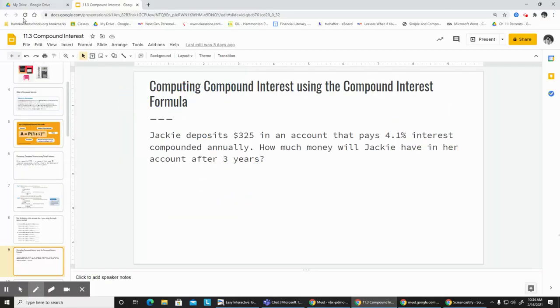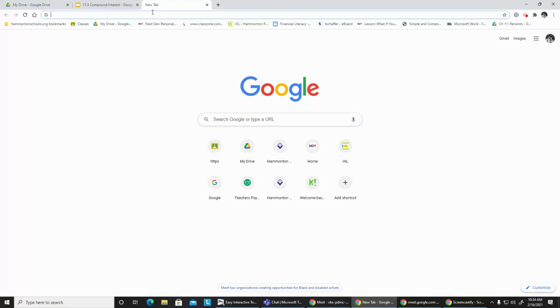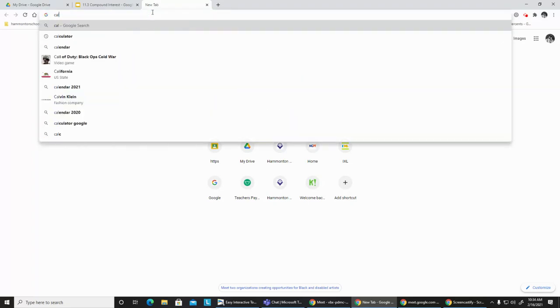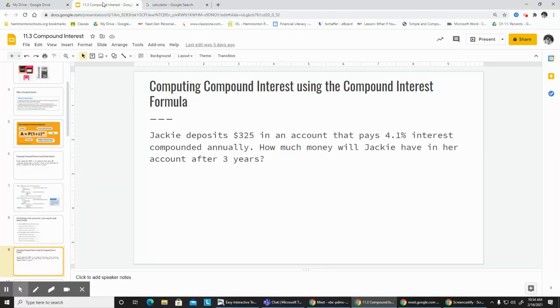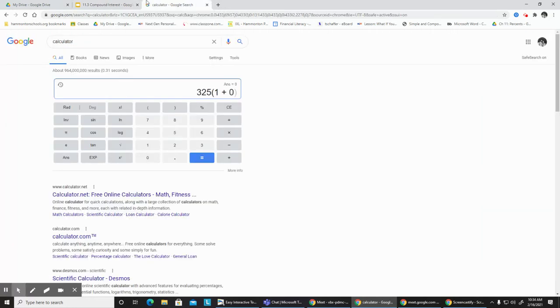Okay, the easiest way to do this is open up your calculator. You can just use this one. All right, so it's going to be 325, parentheses, 1 plus our rate, so 0.041, close those parentheses, and then you're going to raise it to 3 years.